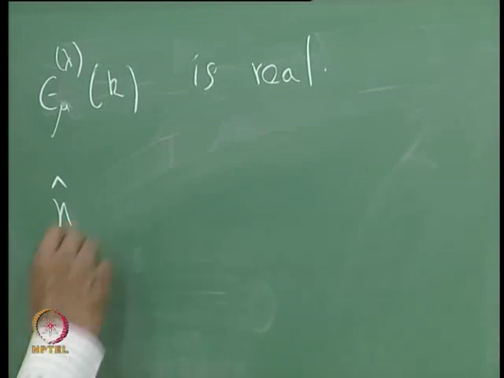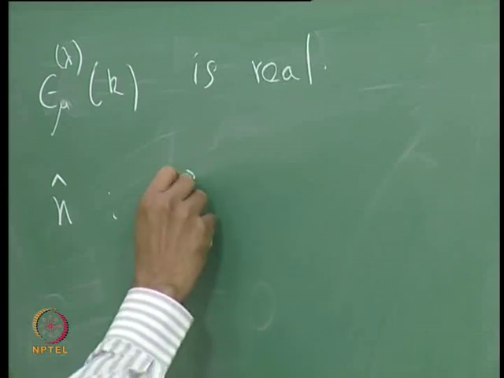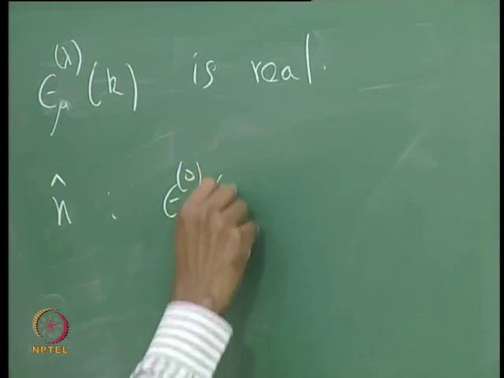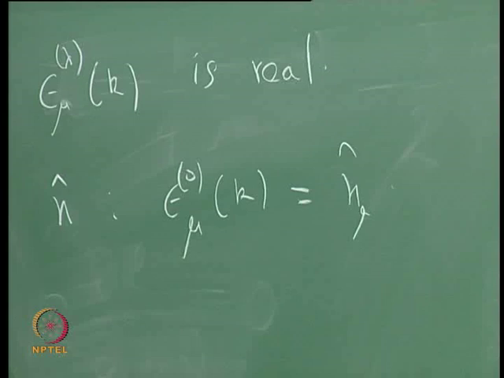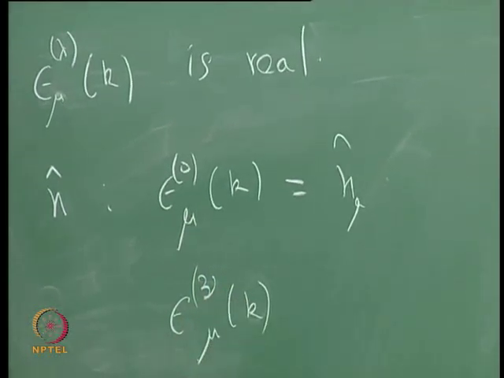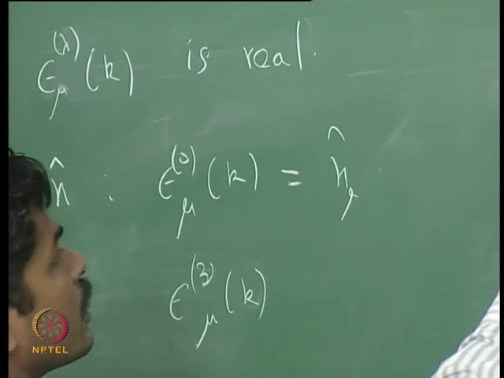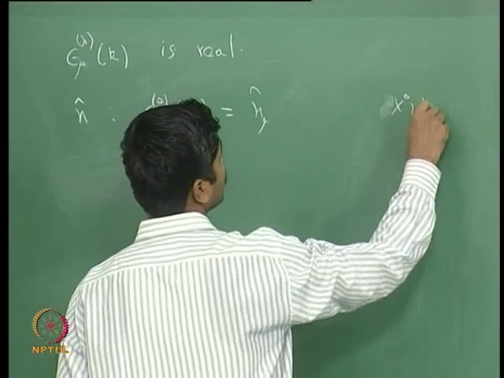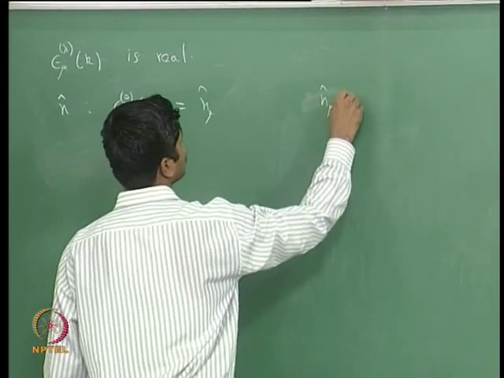Then we will make our choice such that epsilon 0 mu is equal to n hat mu, all right, and then we will choose epsilon 3 mu of k to be the vector which lies in the n hat, k plane, or in the n mu, k mu plane.